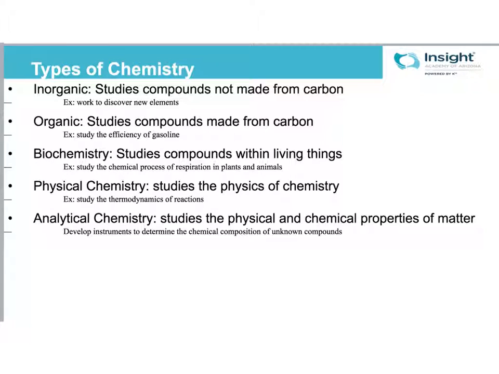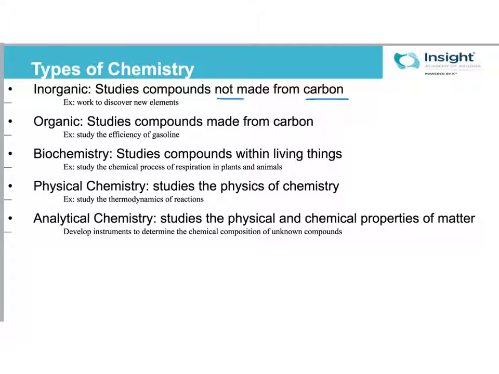An inorganic chemist is somebody who tends to focus on things towards the end of the periodic table. They might be trying to discover new elements, maybe finding a way to adapt other elements for uses and things like that. But definitely a key thing is that it's not carbon-based.